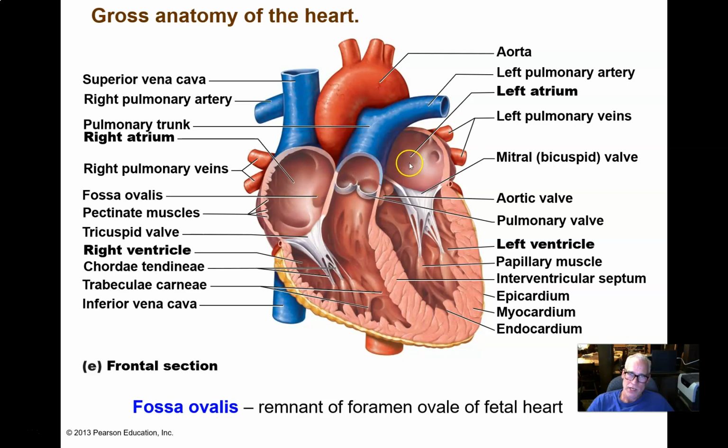So we've got two features of the fetal circulation that let blood go from the right side to the left side, and that's because in the fetal circulation, instead of oxygen-poor blood coming back from the systemic circulation through the vena cava, the inferior vena cava, that's where the rich oxygenated blood is coming from the placenta.